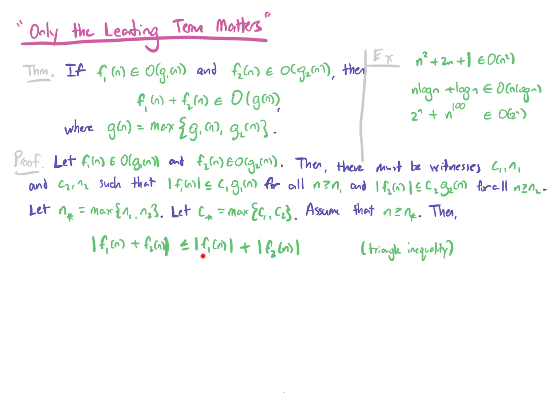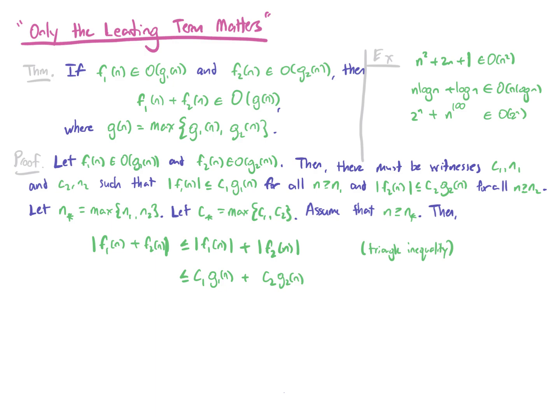Okay, but now I know something by my hypotheses about each of f1 and f2. I can apply my hypotheses, so I can replace f1, well, that's no larger than c1 times g1, and f2 in absolute value is no larger than c2 times g2.